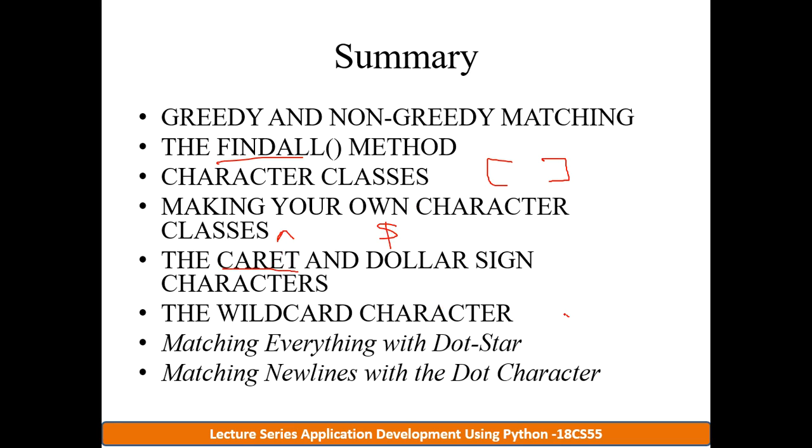After that, the wildcard character dot. Lastly we have studied matching everything with a dot star, which is going to match everything apart from new line. After that we studied using re.DOTALL, with which we can match even new lines with dot characters. Thank you.